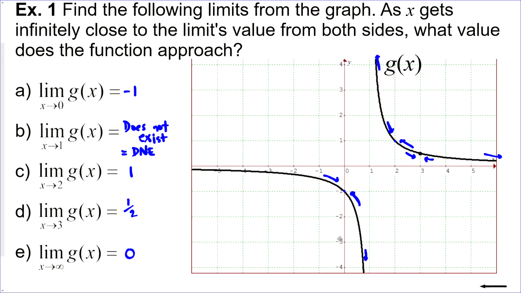Now, just for fun, and to check this value here that we had to guess, let's find the equation of g of x. We see that there is a vertical asymptote here at x equals 1, so that means we have a factor in the denominator that is unmatched. We also have a removable point of discontinuity here.